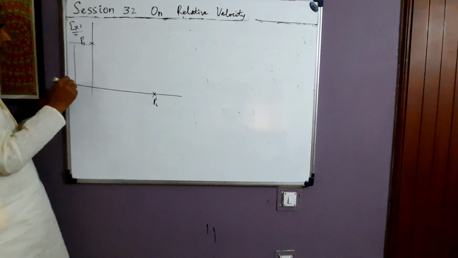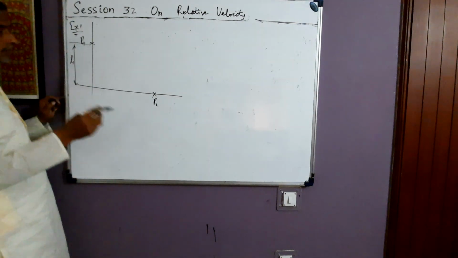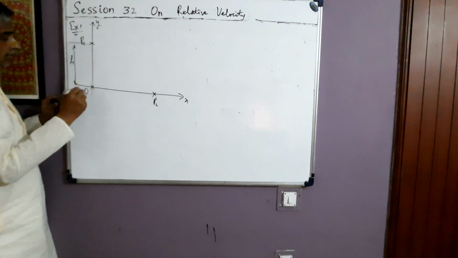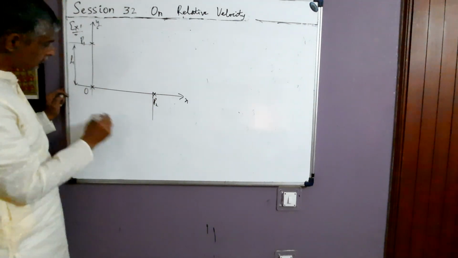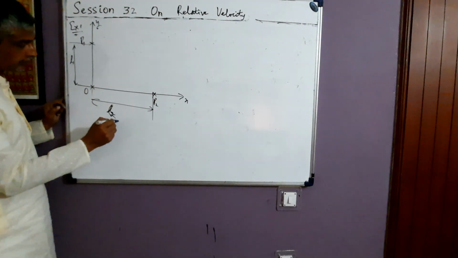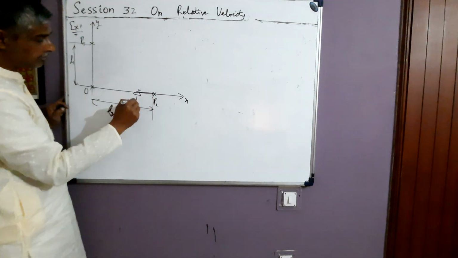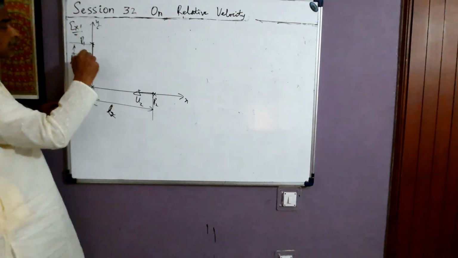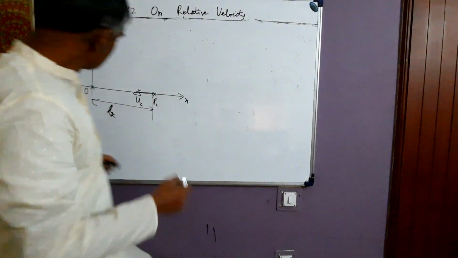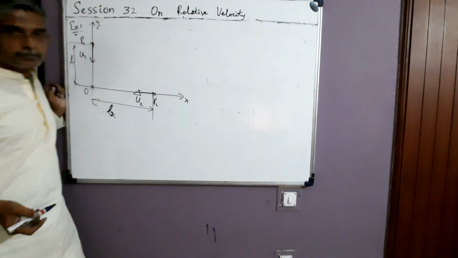This distance is L1. This is a coordinate system, x and y coordinate axes. The x coordinate of P2 is L2. P2 is moving leftward at a constant speed u2 and P1 is moving downward at a constant speed u1. This is the situation at time 0.